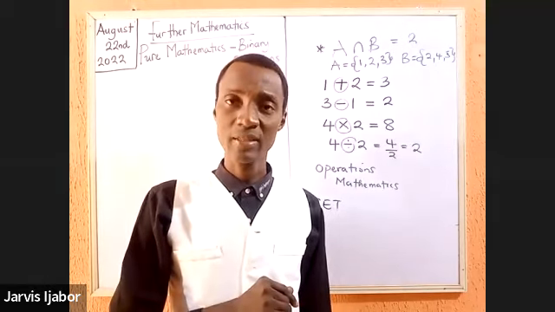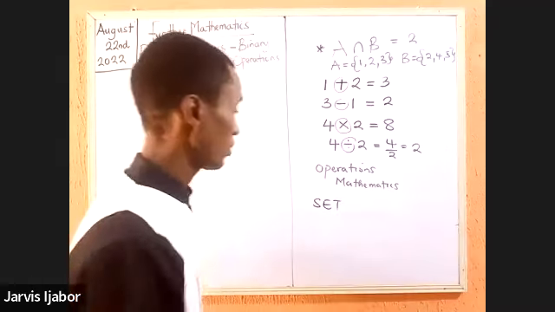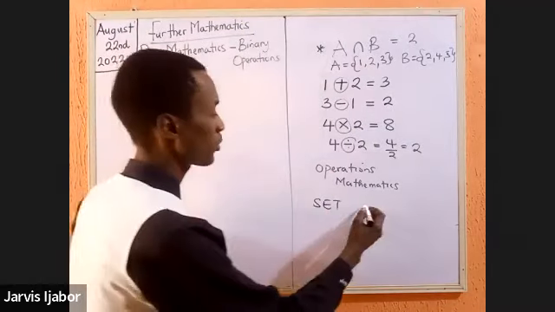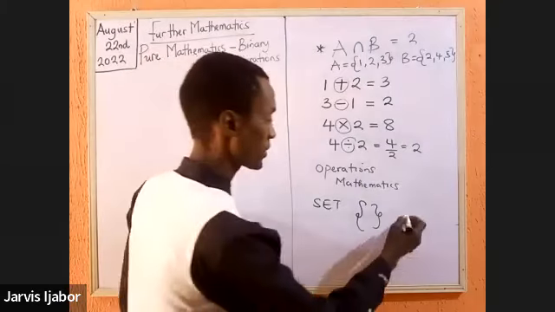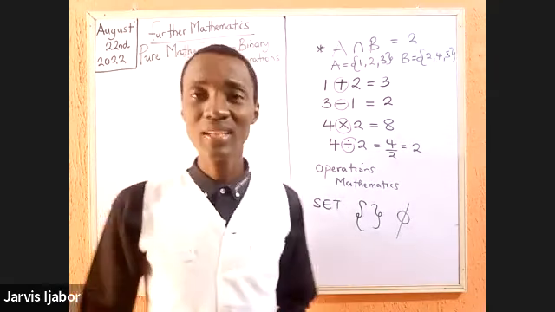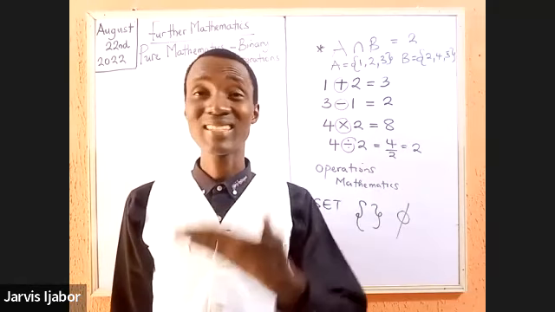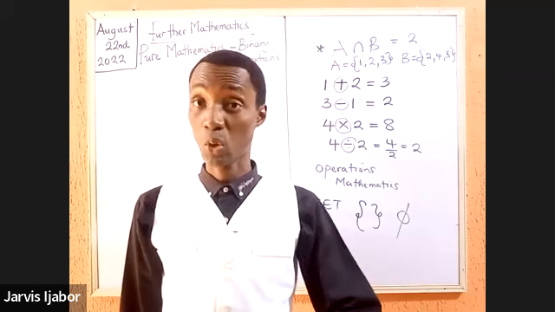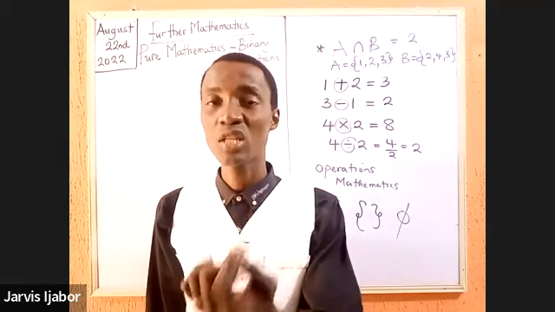If you've done sets, you will discover that there is a type of set we call the empty set, or some call the null set, which we generally represent by this, showing that there's nothing in it, or we represent by this. Now, we're saying that the set we're using to work must be a set that is not empty. In the course, we would explain in detail why this must be a necessary condition.